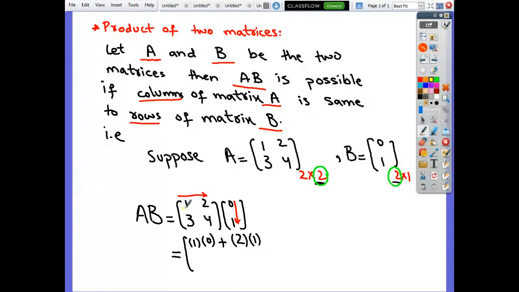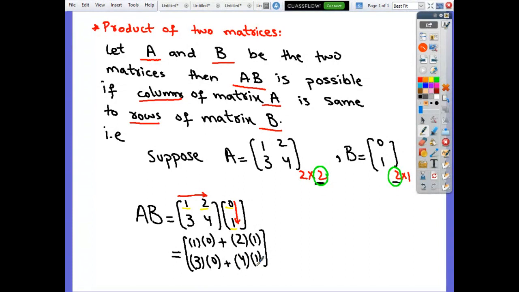Here we multiply this 1 with this 0 and this 2 with this 1, meaning rows are multiplied with the columns. Similarly, we multiply 3 with 0 and then 4 with 1.